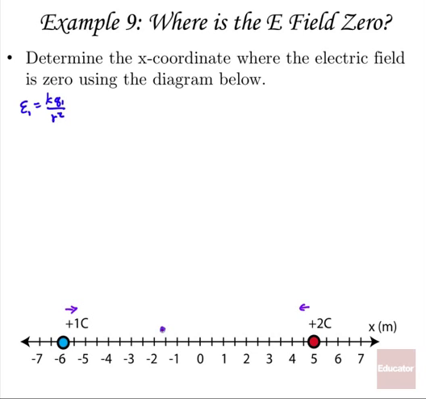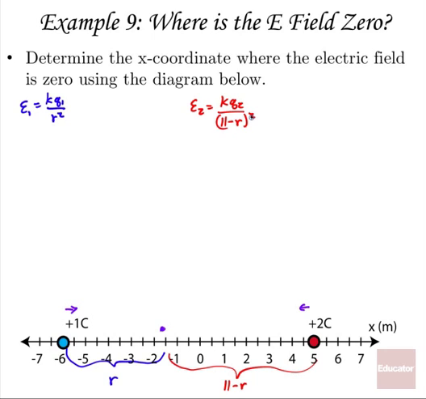All right, if we call this distance between our plus 1 coulomb charge there at negative 6 and our point R, then this distance over here must be 11 minus R. So if I want to draw the electric field due to E2, due to this red charge, E2 is KQ2 over our distance, which is now 11 minus R squared.